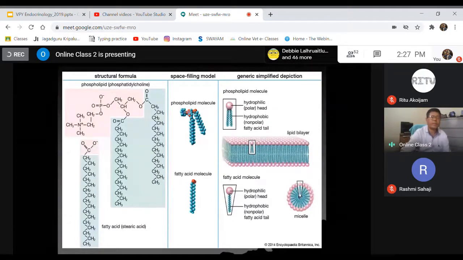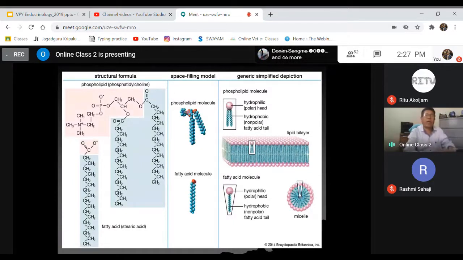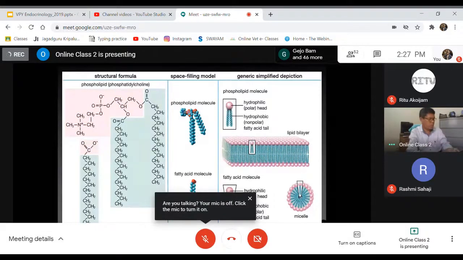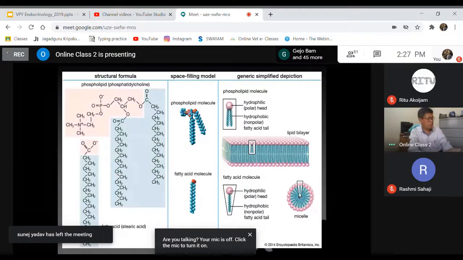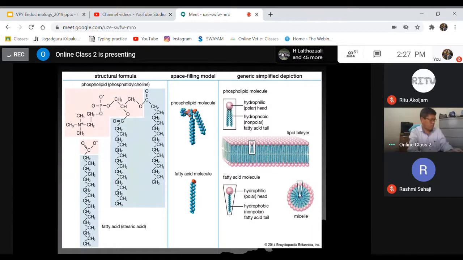These two acyl chains are hydrophobic in nature.